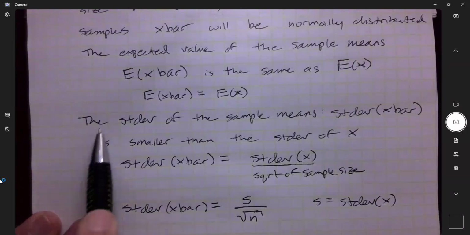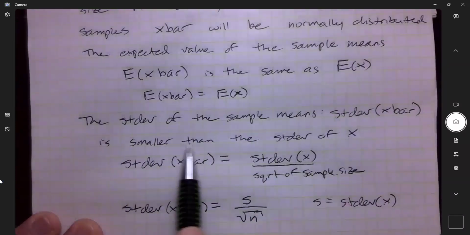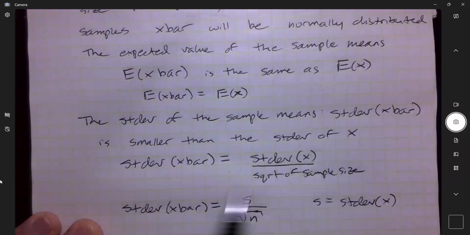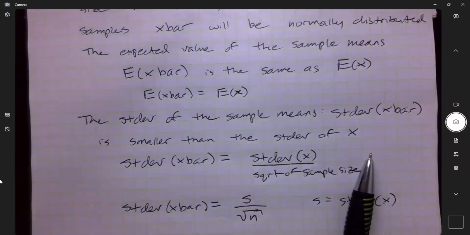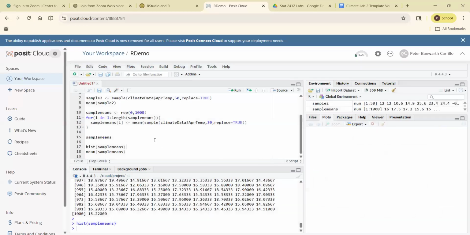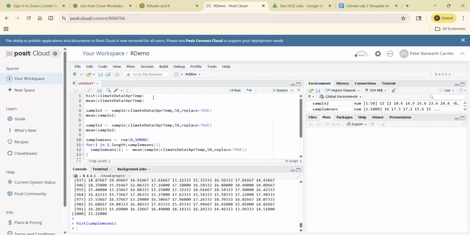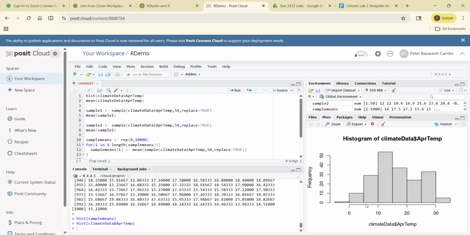I'm going to come back to R and I'm going to show you what this piece means. The standard deviation of the sample means is smaller than the standard deviation of X. So let's see why that's true using R. Okay, so here is the histogram of our climate data.